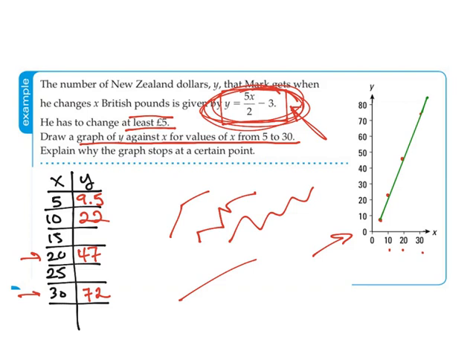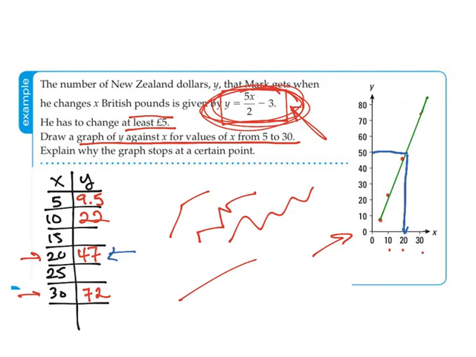For example, if I want to know how much 50 New Zealand dollars is worth in pounds, I'd go down and say it looks like close to 20 pounds, which is true. It's 47. So we use these lines to help us find information. Again, with gridded graph paper, it will be so much more clear.